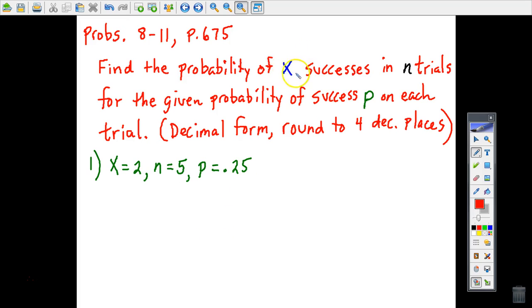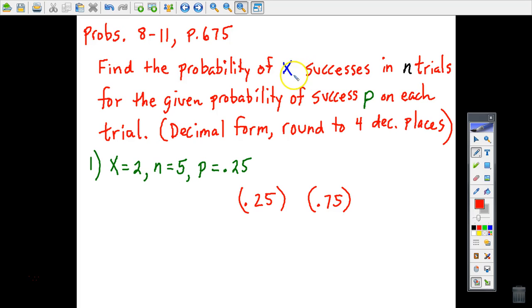Here we're told that the variable x represents successes, n is the number of trials, and the variable p is the probability percentage of success. Number of successes, likelihood of success is the way those are worded. So once again, if 0.25 is my likelihood of success, it's p, then I must have q 0.75 as the likelihood of failure.